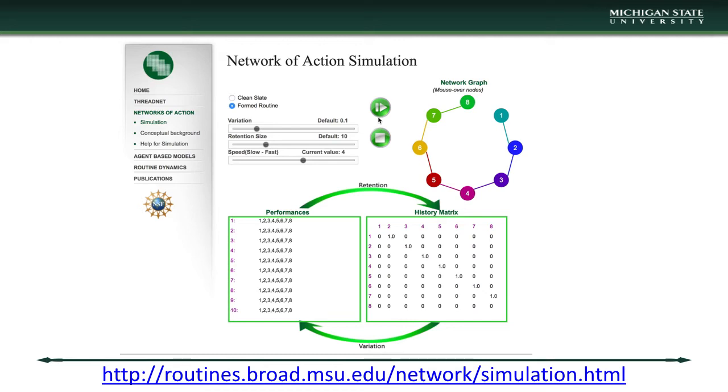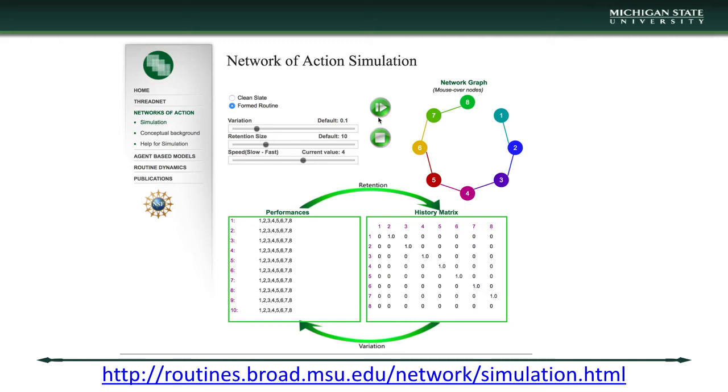If you look down on the lower left, you'll see the performances, 1, 2, 3, 4, 5, 6, 7, 8, which is a representation of the graph. And if you look at the history matrix, you'll see the same thing. You get that diagonal of, always with a 100% chance, 1 leads to 2, 2 leads to 3, 3 leads to 4. So if you go to the website, you can play around with it, slide the sliders back and forth.